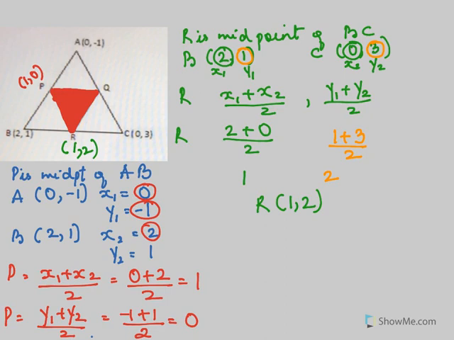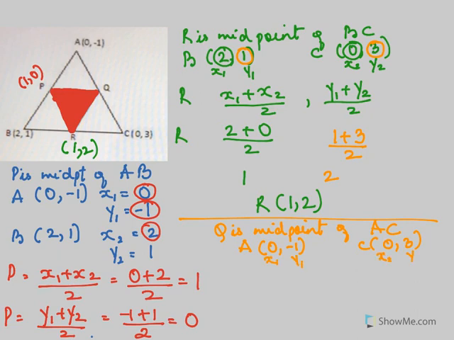Now we go on to find coordinates of Q. If you look up here, Q is the midpoint of AC. So A is (0, -1) and C is (0, 3), x1, y1, x2, y2. Q is the midpoint, so it will be x1 plus x2 divided by 2, and y1 plus y2 divided by 2.